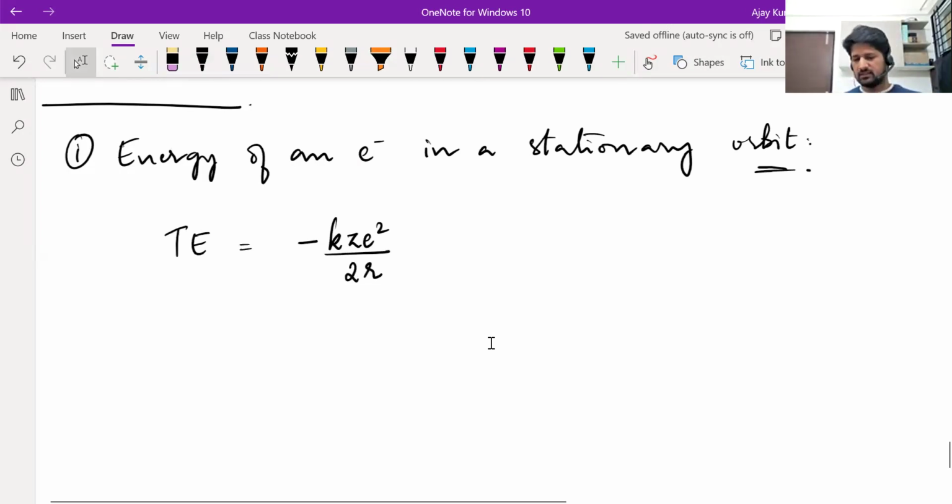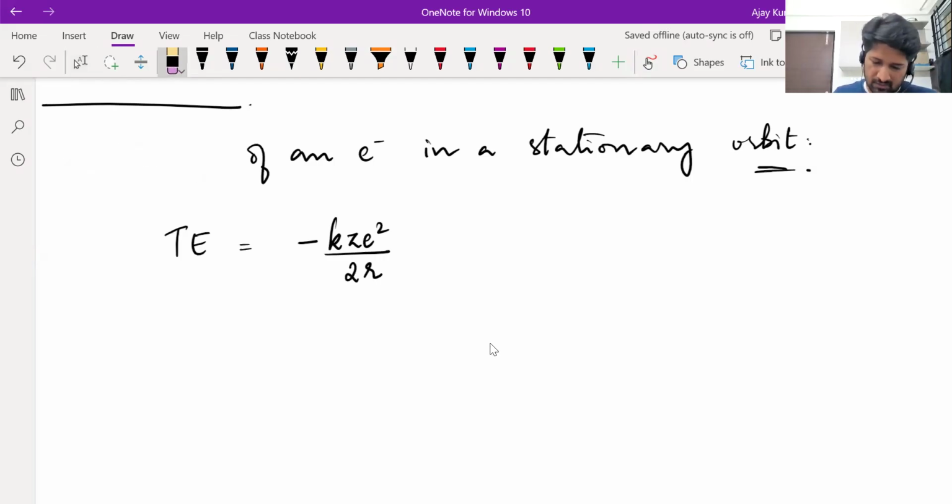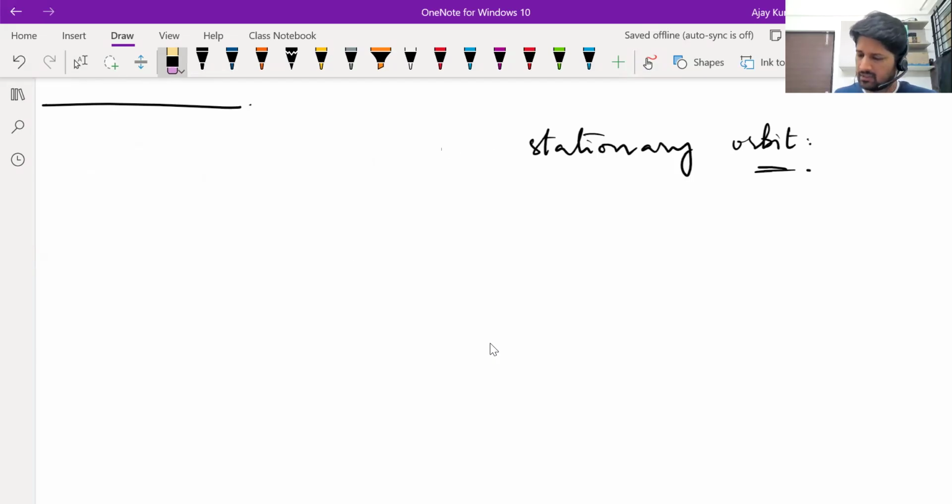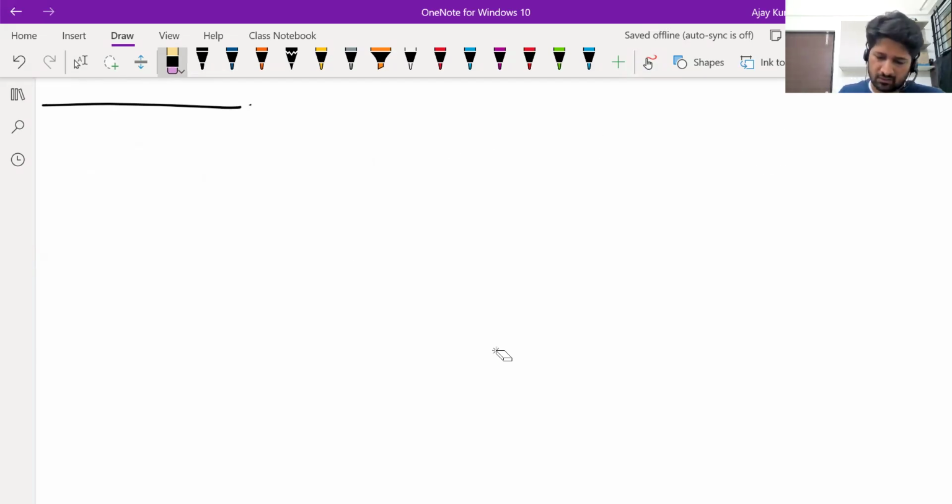Now, this energy depends on the radius in which the electron is revolving. Wait, I think we should do that part first. We should derive the radius of stationary orbits. Then you can substitute here and tell what is the total energy of the electron in the stationary orbit. Let's do that first.